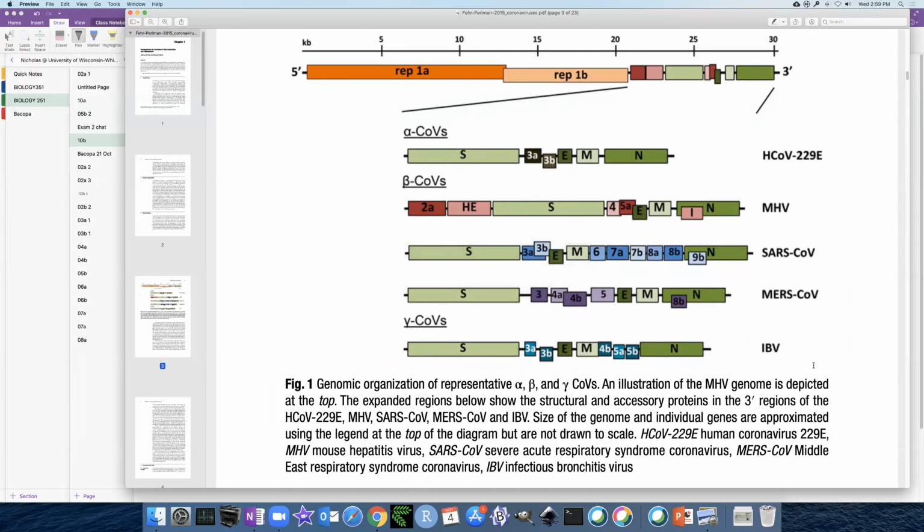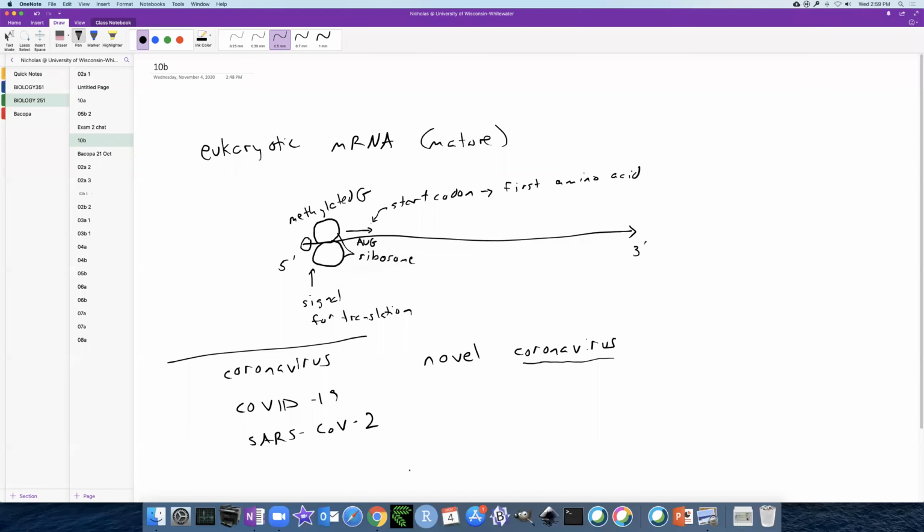MERS is one that has shown up. So here we have Middle East Respiratory Syndrome. So the SARS-CoV, that's severe acute respiratory syndrome. This is really the name for the virus, and it's named for the disease it causes.